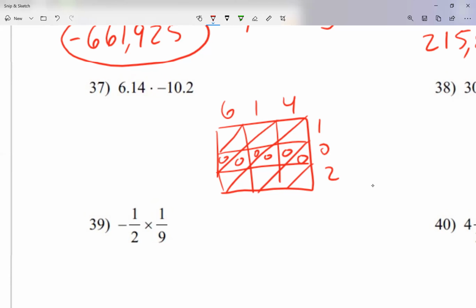So let's see here. 6 times 1 is 6, 1 times 1, and 4 times 1. The bottom 6 times 2 is 12, 1 times 2, and 4 times 2. So my first row is an 8. My second row is a 2. I'm just adding my digits. 6, 2, and 6.